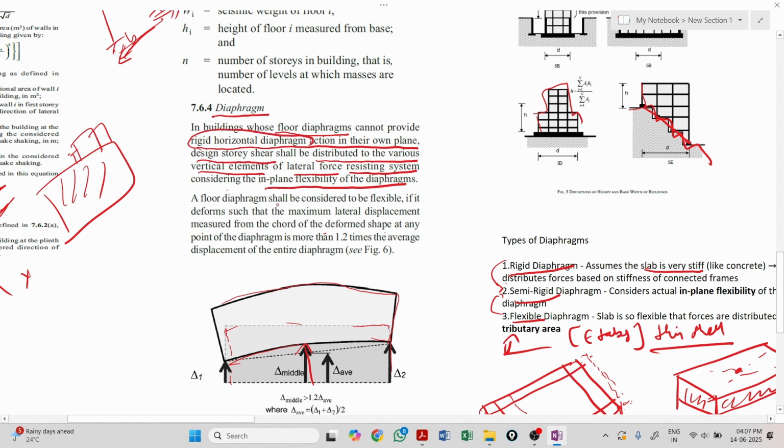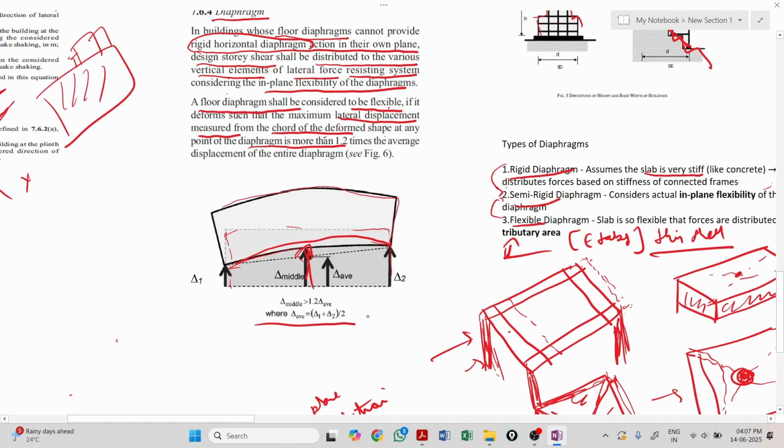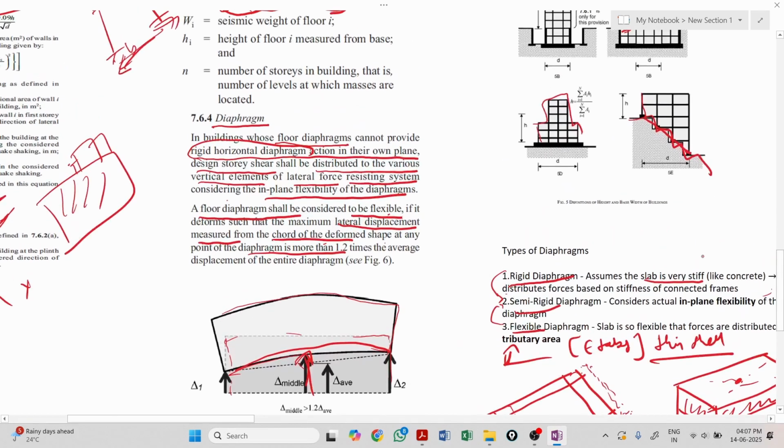And here they have mentioned considering it to be flexible. That is, a floor diaphragm shall be considered flexible if the maximum lateral displacement measured from the chord of the deformed member shape, this one, at any point of the diaphragm is more than 1.2 times the average. That is a formula they have given here. Understood? So this is how it is going to work.